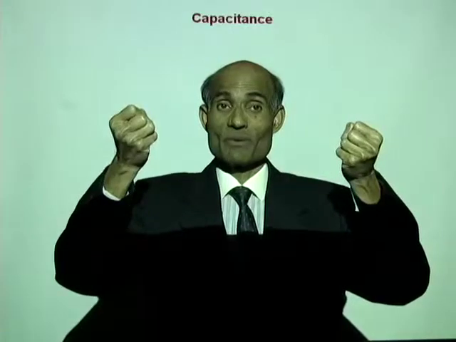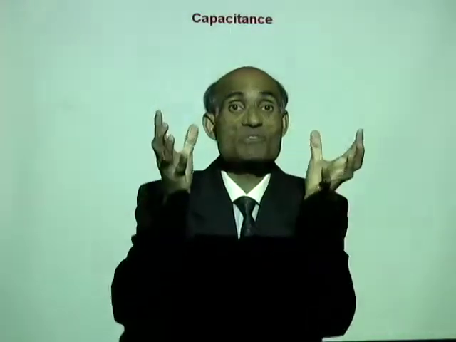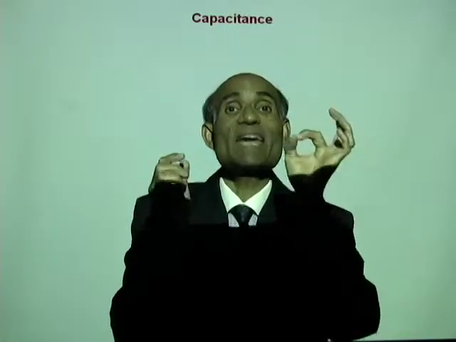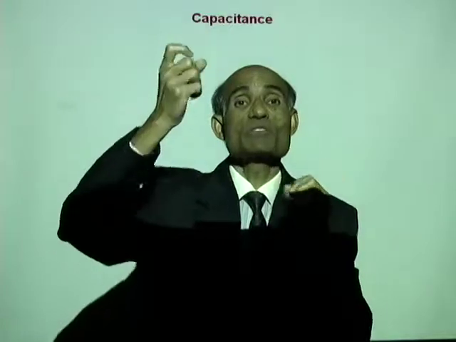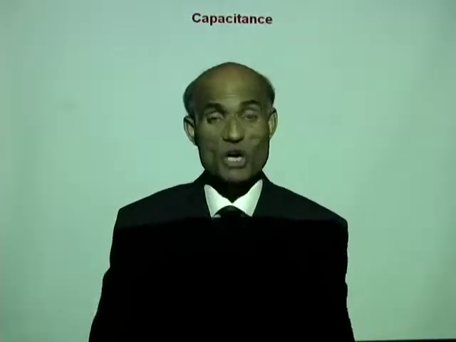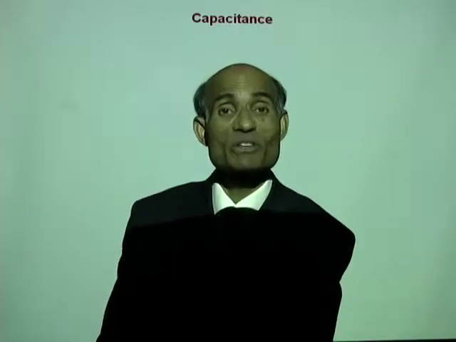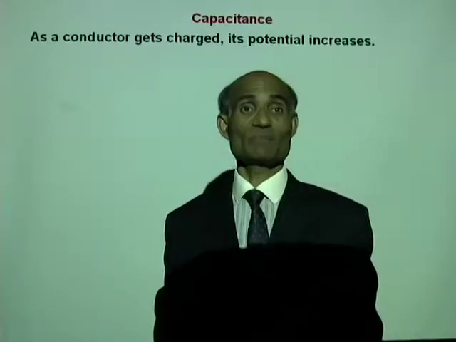Do you remember the equation for potential of a charged sphere? It is kq over r. You increase the charge, you increase the potential. So, when charges are given to a conductor, it raises the potential of the conductor.